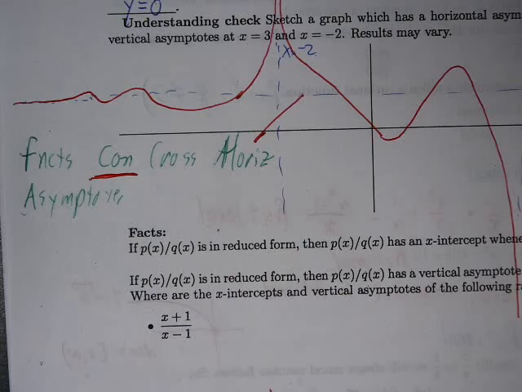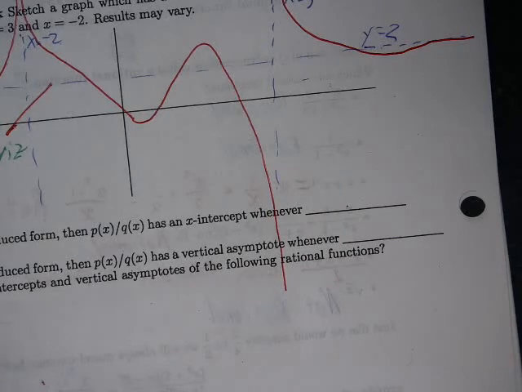Cool. So now that we've talked a little bit about asymptotes, let's talk about how you can read them off by just looking at the rational function. One thing that we've already said is if you have a rational function in reduced form, then whenever the denominator is 0, the y values shoot off to plus or minus infinity.